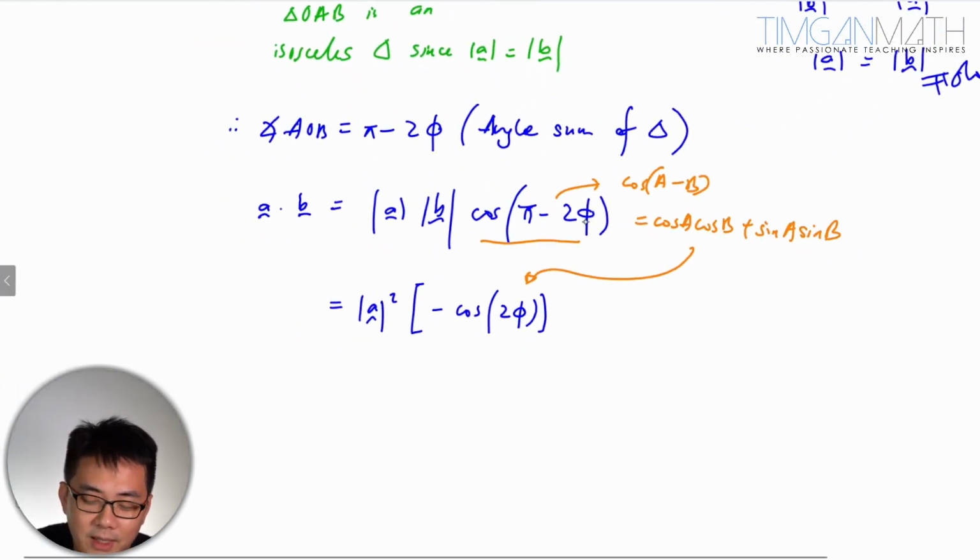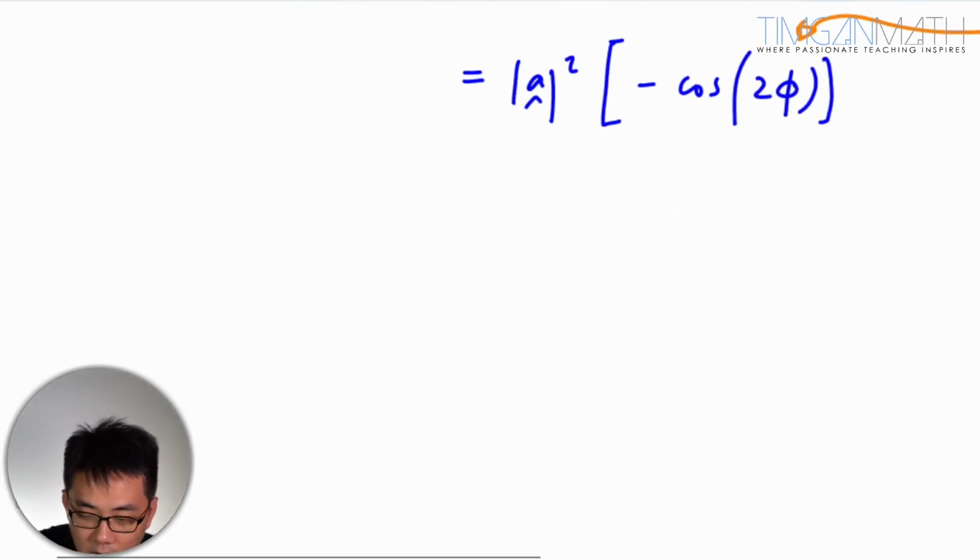This is 180 minus an angle, so it is in quadrant 2. Whatever happens here, if you change to the first quadrant, it will be negative. So this is negative.